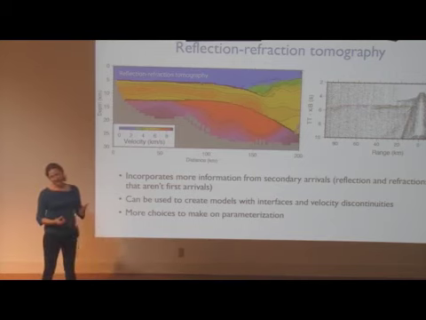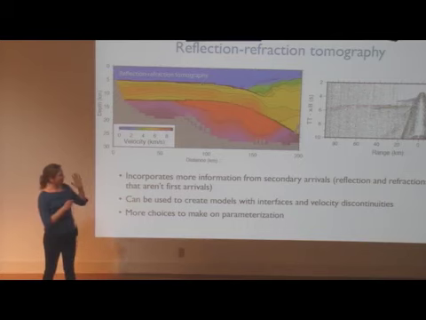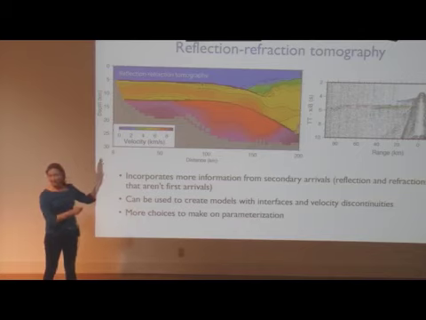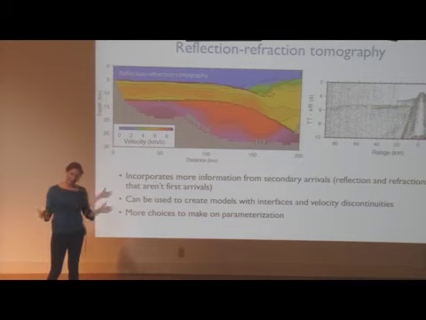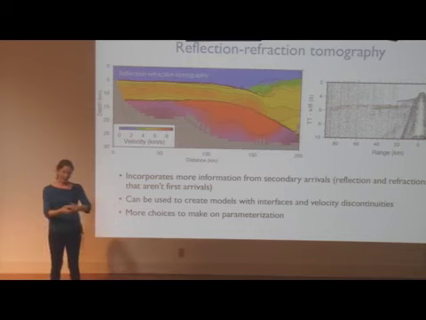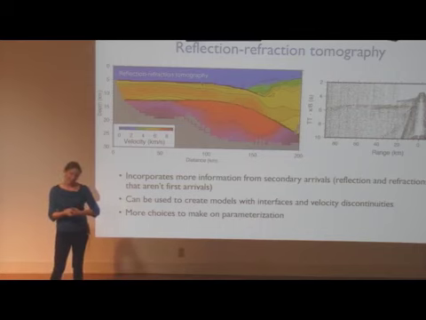And then another test that is really common in our field now to look at uncertainty is that you take many different starting models and you run a bunch of different inversions and you add some perturbations to your travel times. It's like a Monte Carlo approach that's common in many other areas. Then you can take the average of all the different results and look at the standard deviation of all those results.